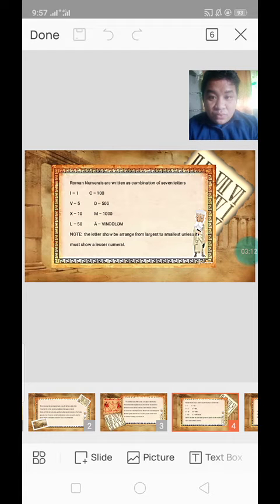So, we have a rule for writing Roman numerals. The letters should be arranged from largest to smallest. For example, 1515: you can write M is equivalent to 1000, D is equivalent to 500, X is equivalent to 10, and V is equivalent to 5.